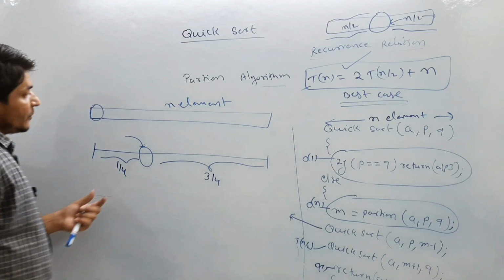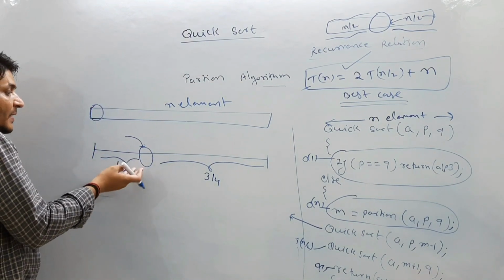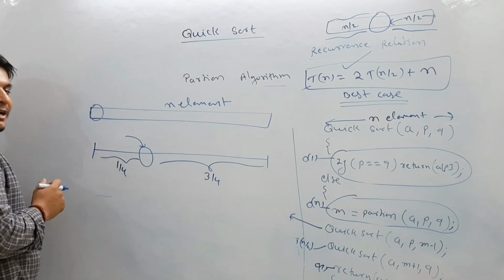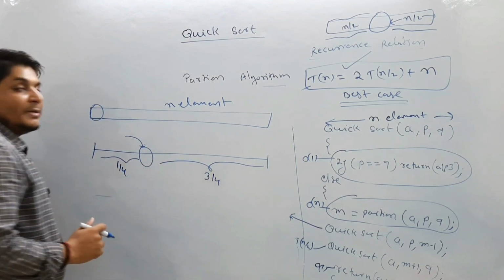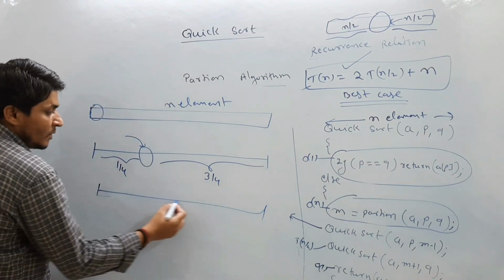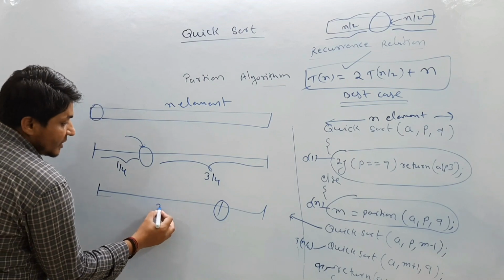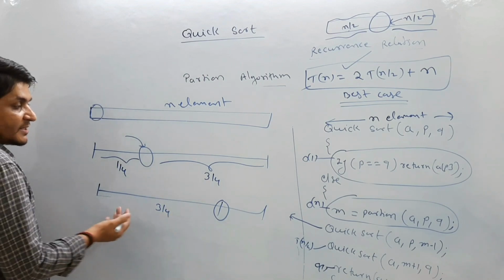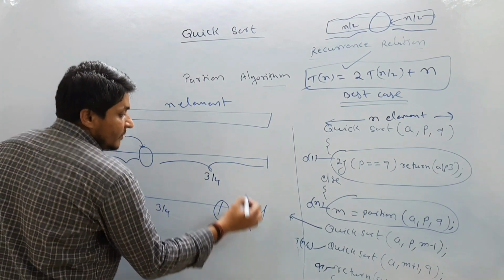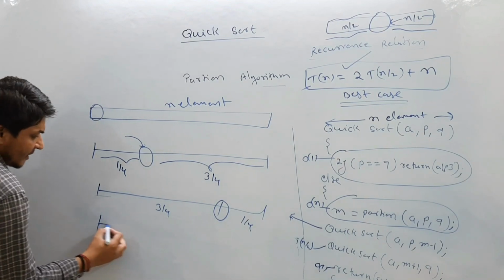But if you try to solve, maybe that pivot element is dividing into two parts, but on the left hand side 1/4 of the elements are available and on the other side 3/4 of the elements are available. Maybe this is also a possibility: 3/4 elements on the left hand side and 1/4 elements on the right hand side, with the pivot element reaching its correct position. Let us take another possibility.